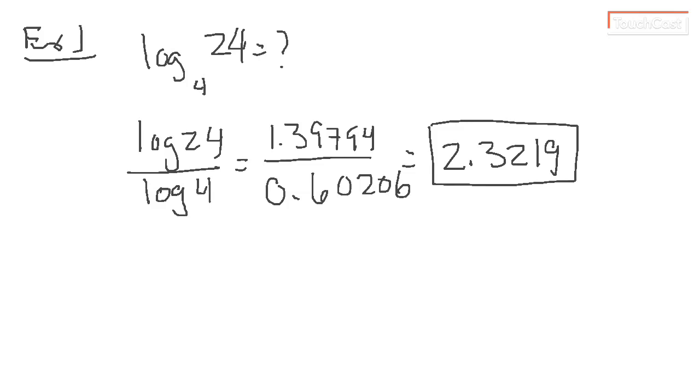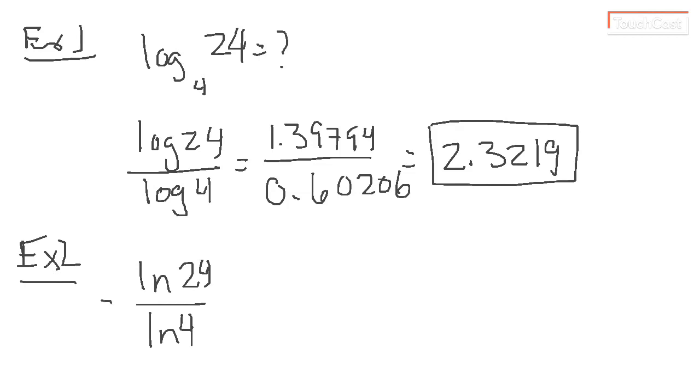We're going to do the same thing, use the same log in example 2, but this time I'm going to use the natural log. We're going to use a base e. So we can write this as the natural log of 24 over the natural log of 4.